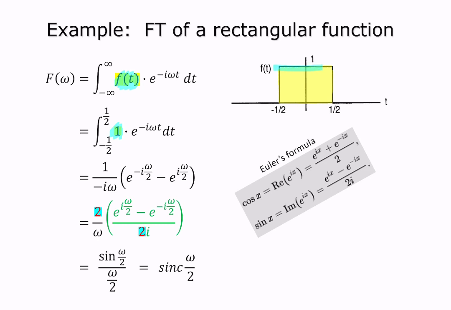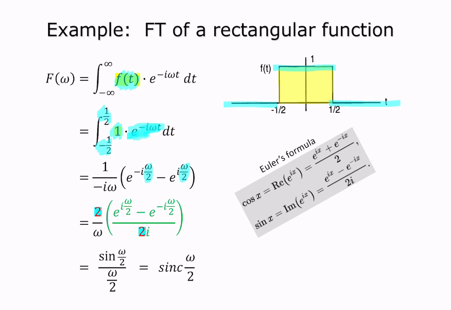Its value is either 0 or 1, depending on the range. So it's 1 between -half and half. And that's it. All you need to do now is integrate e to the minus i omega t. And if you put in the limits, -half to half, you end up with this.